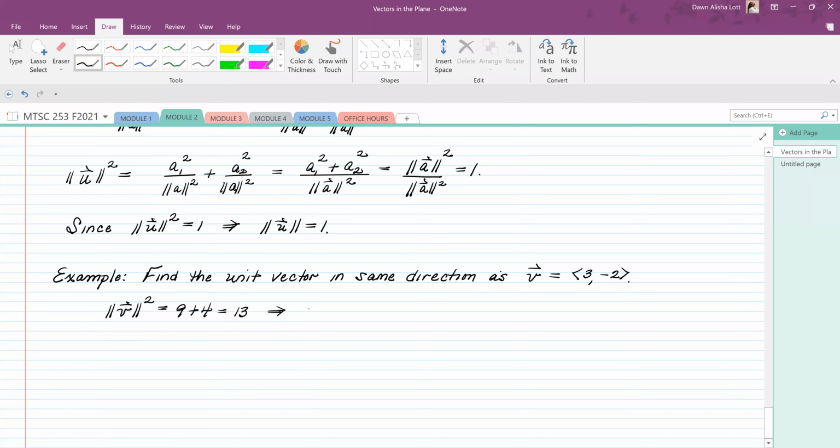That implies the length of v is the square root of 13.